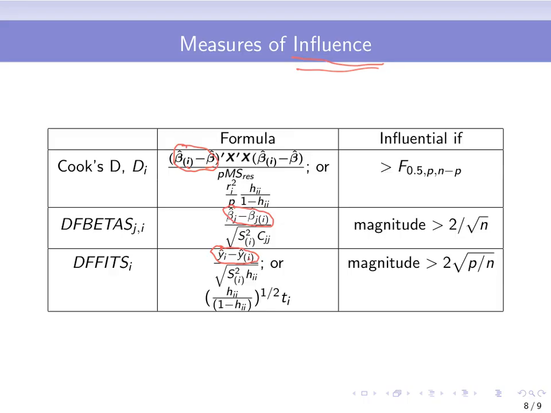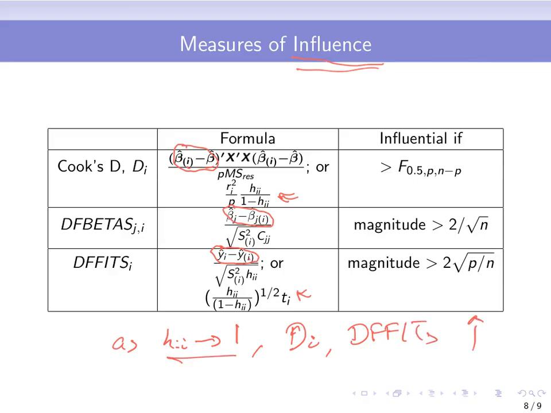Now, if you look at all these equations, I wrote that they are equivalent formulas. In all of these situations, you realize this general fact that as h_ii becomes bigger towards 1, then Cook's distance and DFFITS become larger.